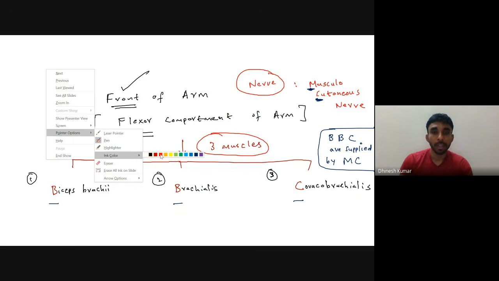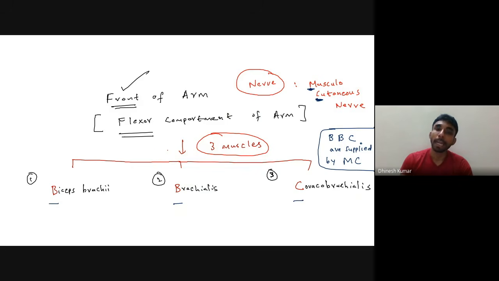Let's talk about the origin, insertion, nerve supply, and actions of the three muscles of the front of arm. The front of arm is otherwise called the flexor compartment of arm, because these muscles cause flexion movement. If you consider them in short form, you can make it BBC: biceps brachii, brachialis, coracobrachialis. All these three BBC muscles are supplied by MC.